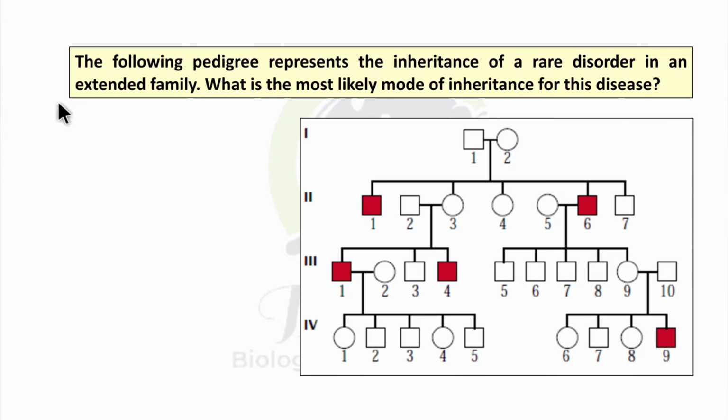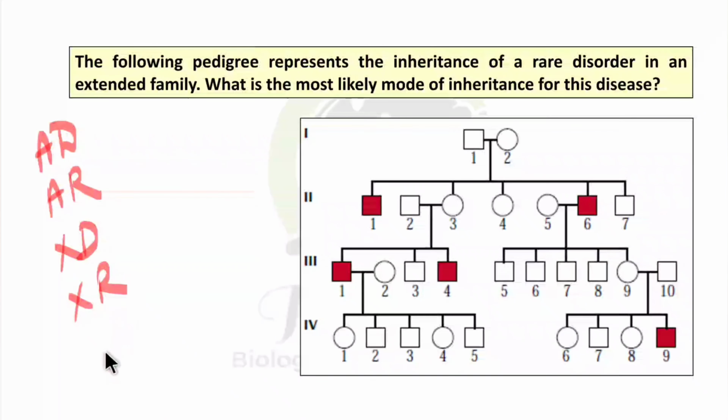You have to mention whether the inheritance pattern shown is autosomal dominant, autosomal recessive, X-linked dominant, X-linked recessive, or Y-linked. So out of the 5 inheritance patterns, you have to find out which one is shown through the pedigree chart given in the question.